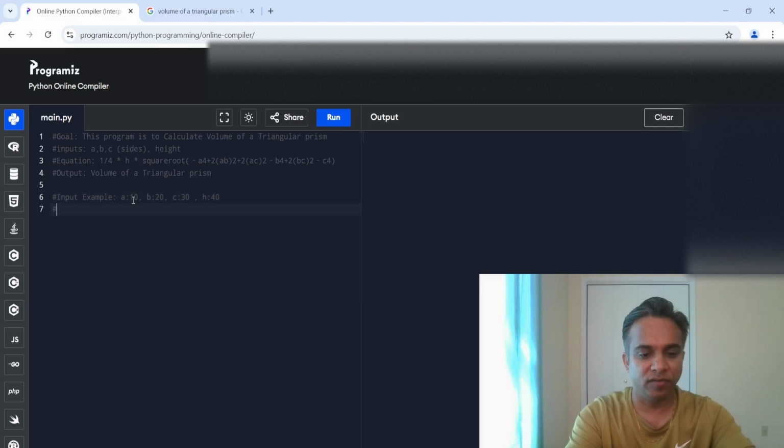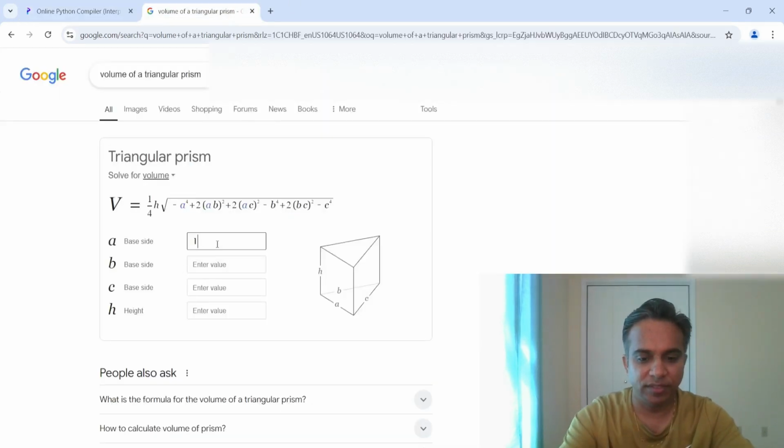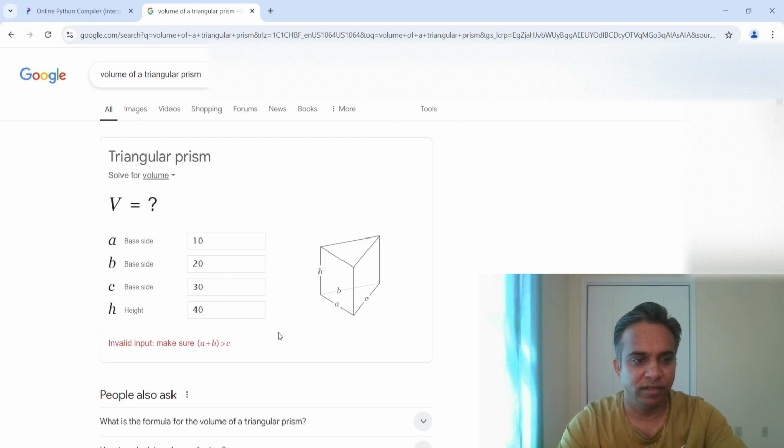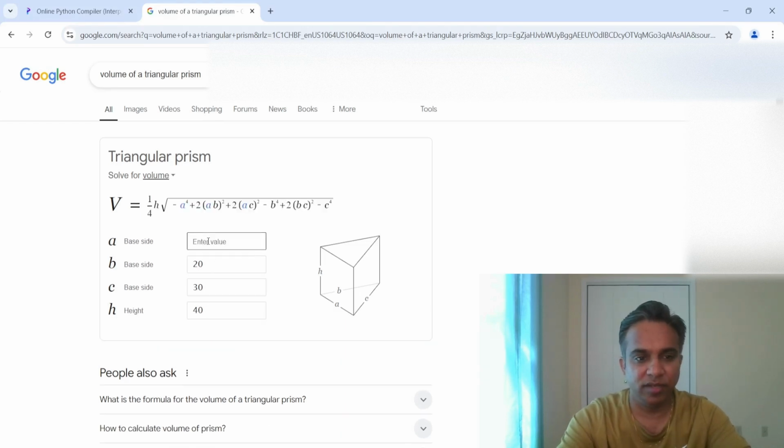Then what output are we expecting? We can use Google help. It is 10, 20, 30 and 40. Invalid input. So it's saying that make sure that A plus B is greater than C. Then this can be 20.